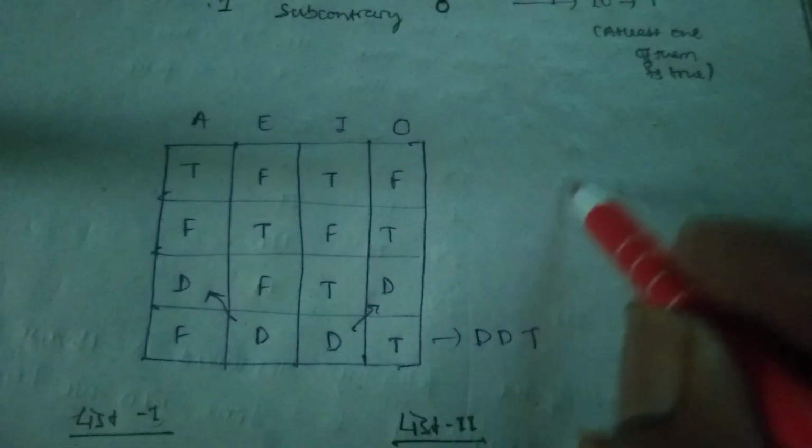The D's will now go up, diagonally upward. Then we fill up all the boxes. This box will be filled with F.